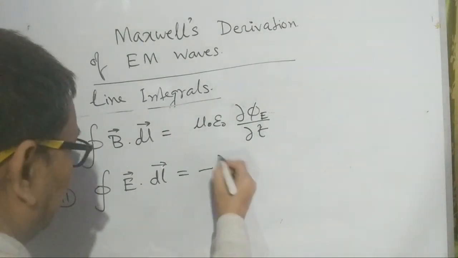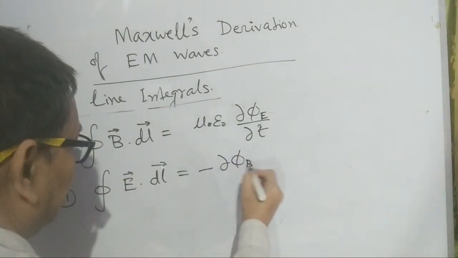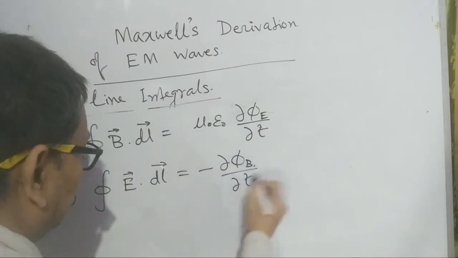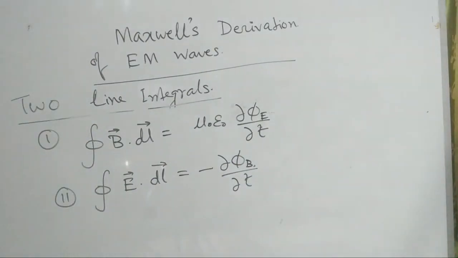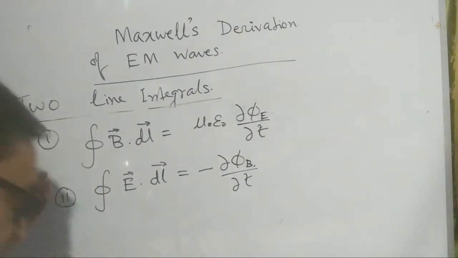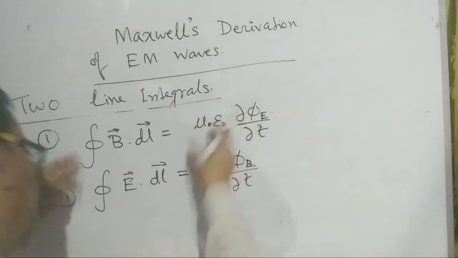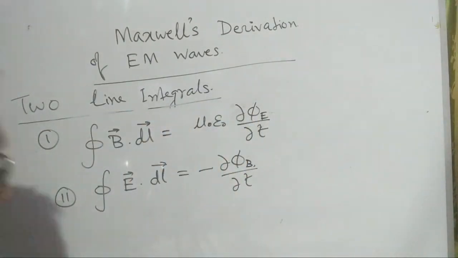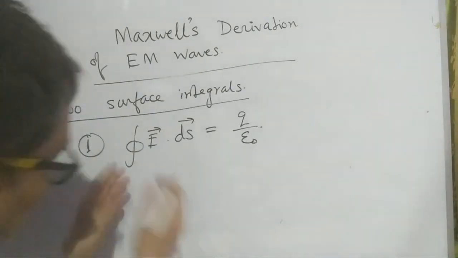This is nothing but this one. So this is one important line integral and this is another important line integral. On the basis of these two line integrals, we can prove Maxwell's equation of electromagnetic wave.